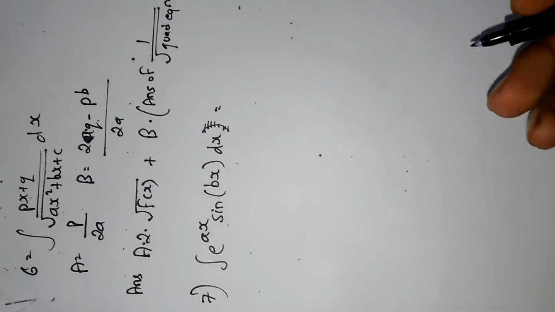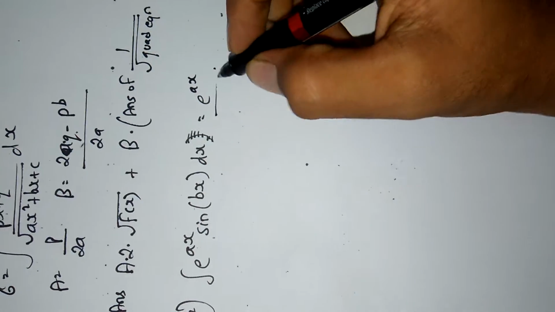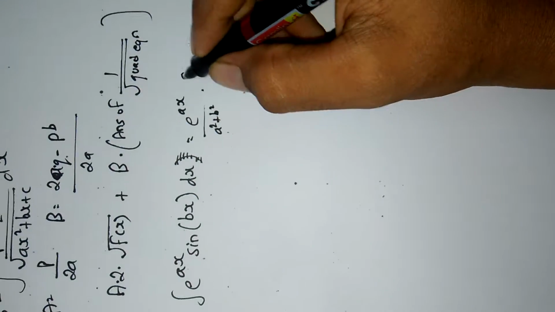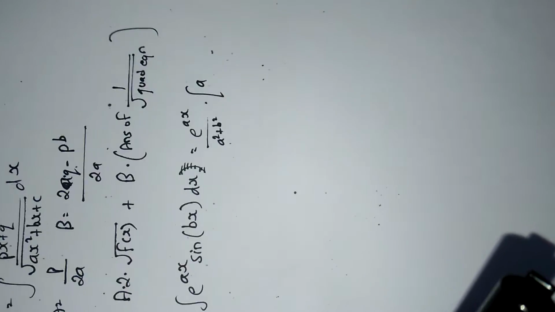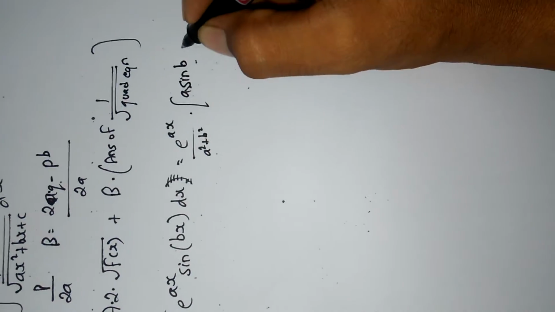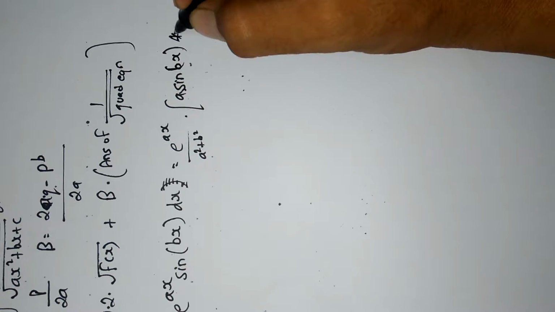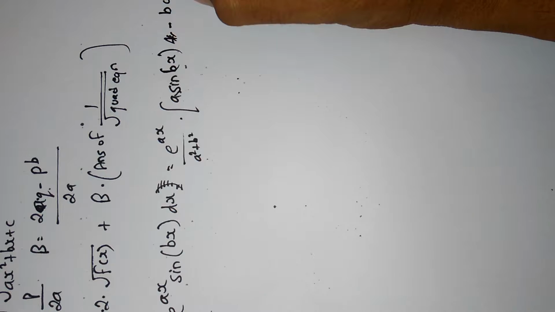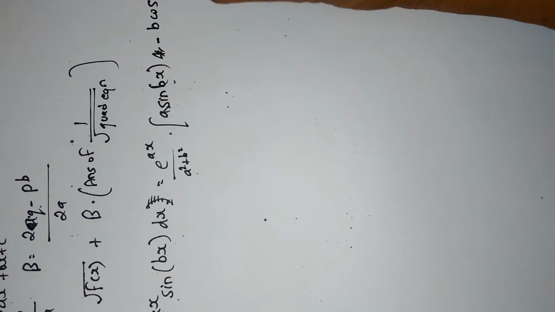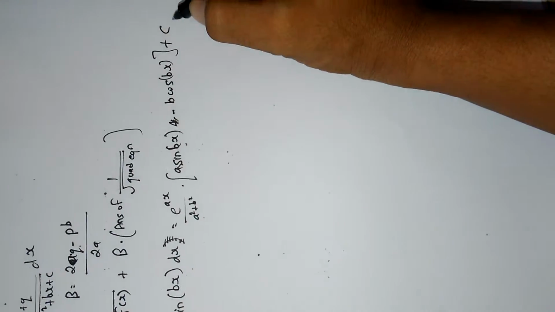So guys, the shortcut for this would be e raised to ax upon a square plus b square, into a sin bx minus b cos bx, plus c, and that's it. This is the final answer.